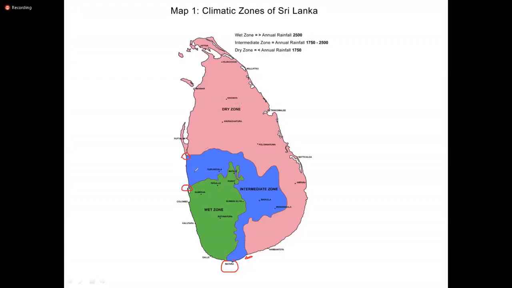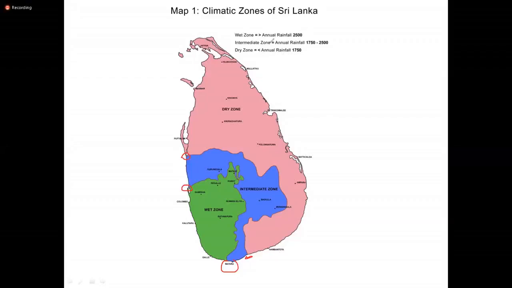Okay, so that's what you should understand. What regions fall under the wet zone? What regions fall under the intermediate zone? What regions fall under the dry zone? Even up country, mid country, and low country, you should know, right? And if you look at the rainfall pattern, then we know the wet zone, I have already mentioned, is more than 2,500 millimeter.